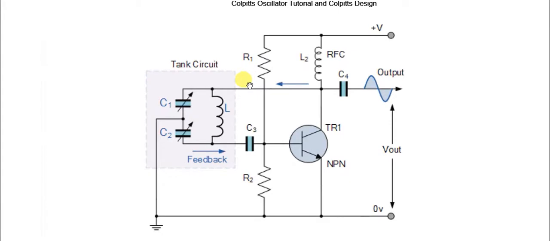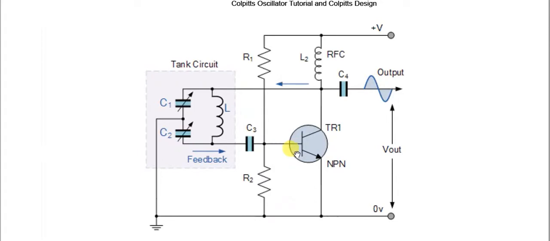Here again we have a series feedback, typical, exactly the same amplifier, which is the self-bias common emitter amplifier with an NPN transistor. This is the collector section, where the RFC is connected, VCC is applied to the transistor biasing, the self-bias circuitry. The RFC allows the DC to reach the collector, and from here we have R1 and R2, which is the potential divider, providing the base current to the transistor at the input.